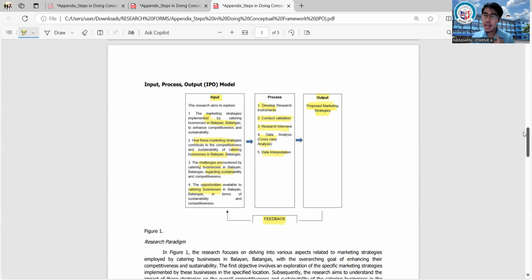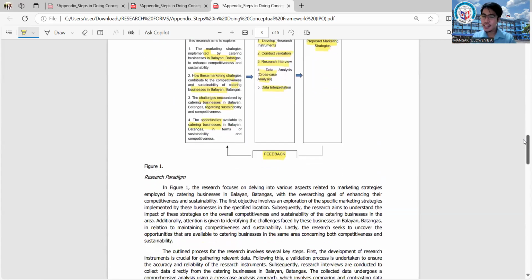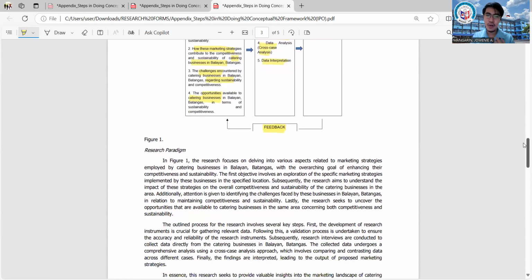Okay? Then sa pinakababa ng IPO model, katulad ng ibang mga models na meron tayo, meron siyang research paradigm or explanation ng framework na ginawa natin. So paragraph number 1 ay nakafocus on the input part. It talks about the input part of the paper.